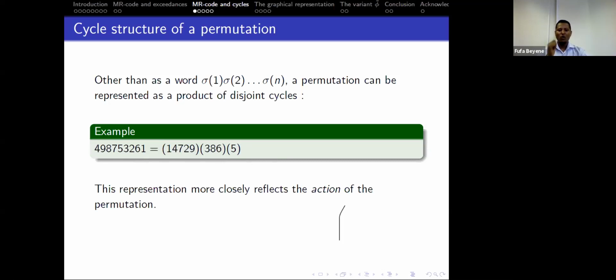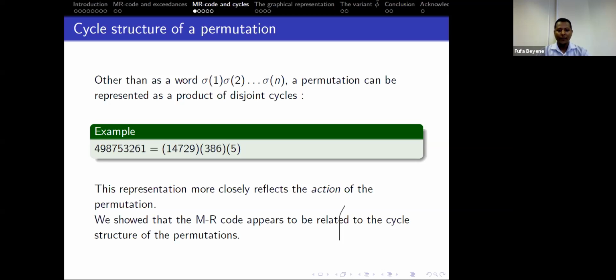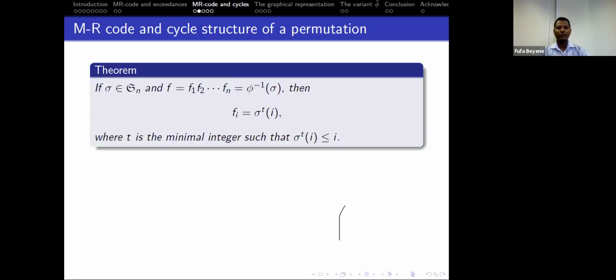This representation more closely reflects the action of the permutation, and the MR record appears to be related to the cycle structure of permutations. For that, we have the following basic theorem, the basic result we have found in this paper. Take sigma in S_n, and the corresponding subexceedant function f.